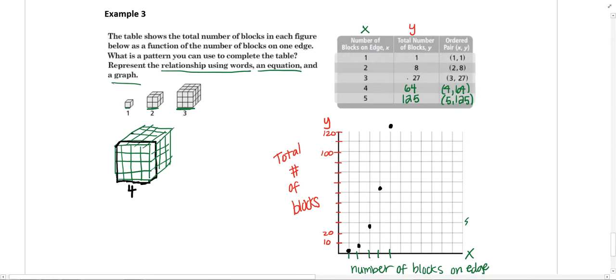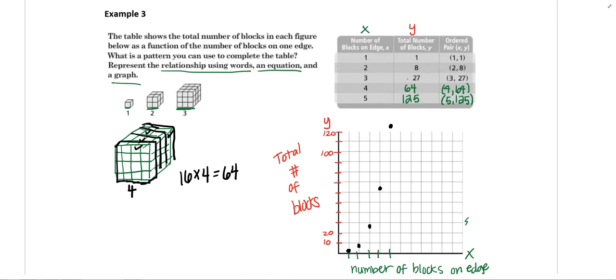Okay, but then you have to imagine there are 4 layers total. Okay, so we have 1, 2, 3, and then 4 layers. So if you do 16 blocks times 4, you can get that there are 64 total blocks in the whole figure.